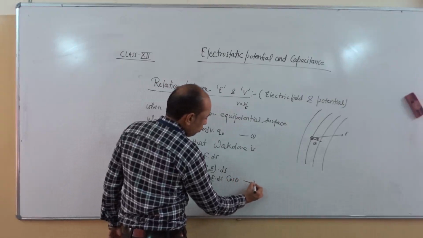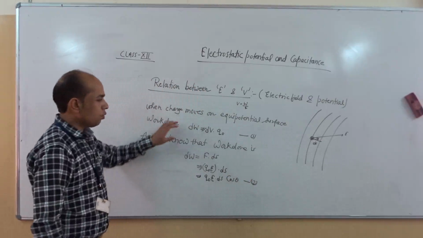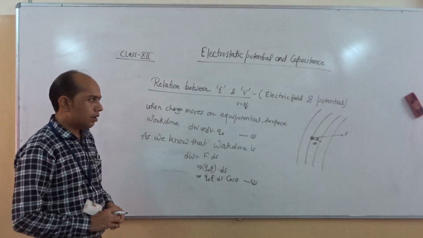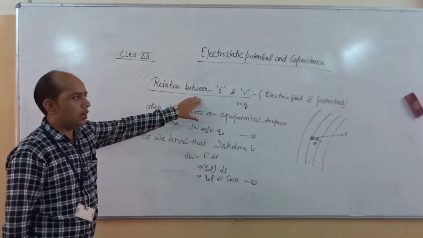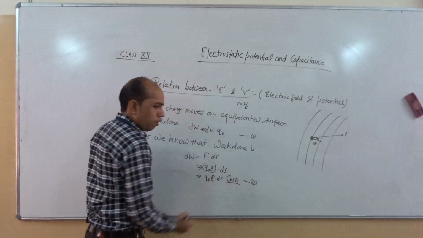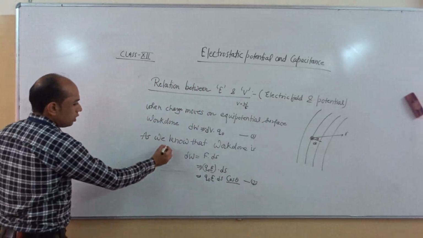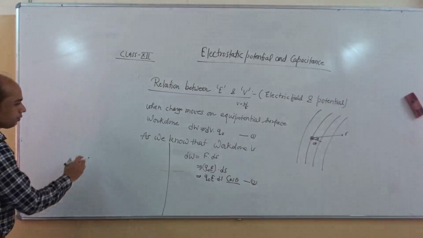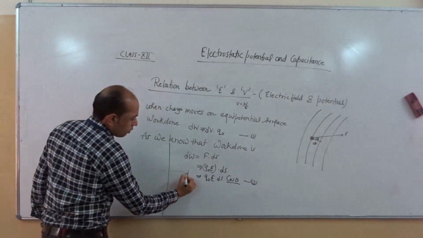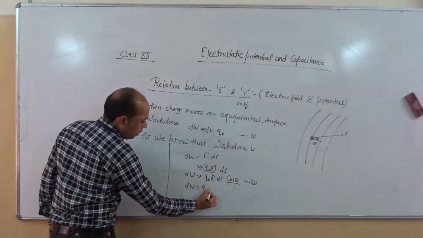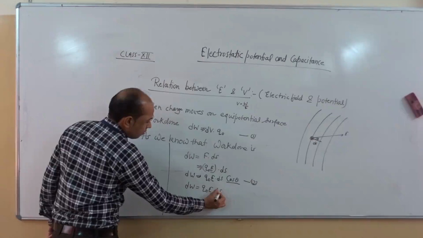Equation number 2. Now we have two work done expressions. When we equate these two, we get the relation between electric field and potential. If I replace theta with 0, cos 0 is equal to 1. So dW is equal to Q naught E with ds.